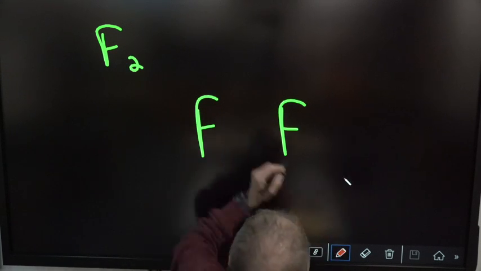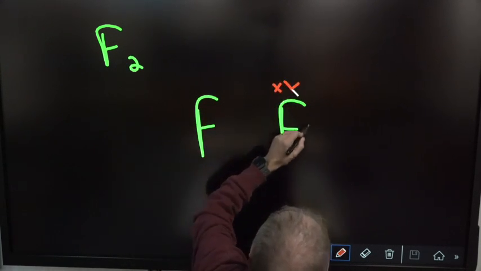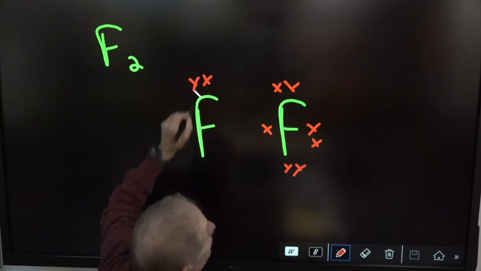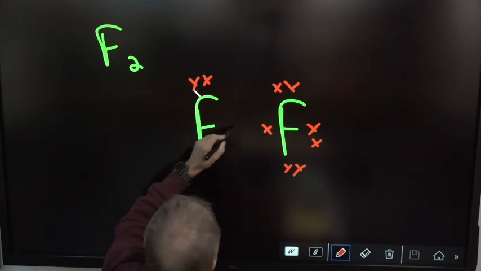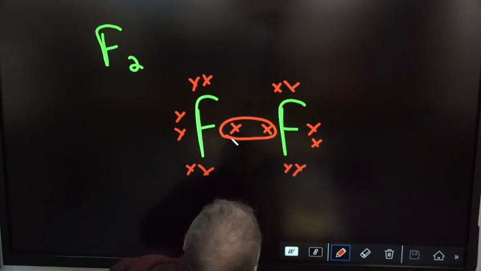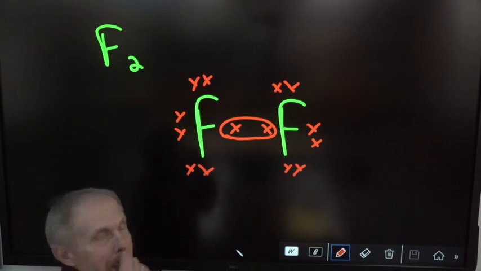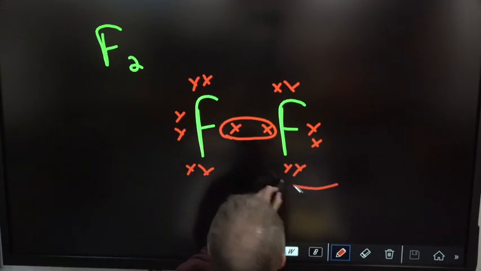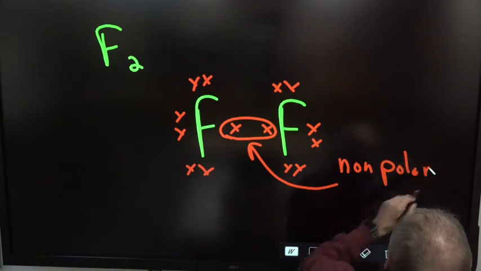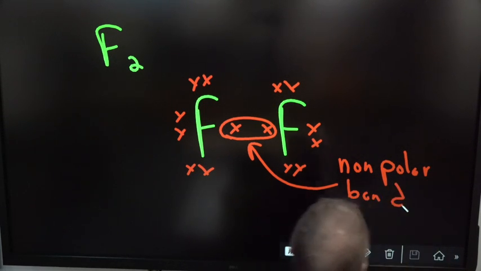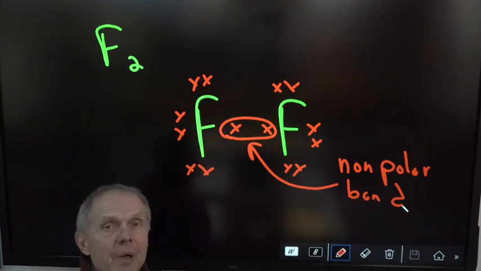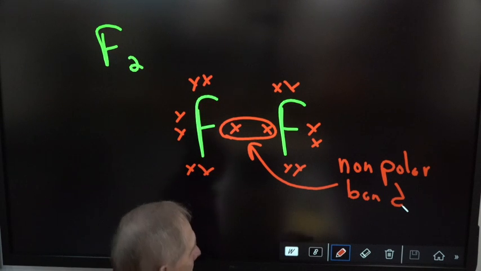So, electrons: 3 pairs and 1 single, because it's in group 17, which means it has 7 valence electrons. So the F's share equally, so we know that that's a non-polar bond. Now, that's a non-polar bond, but let's see if it's a non-polar molecule or a polar molecule.